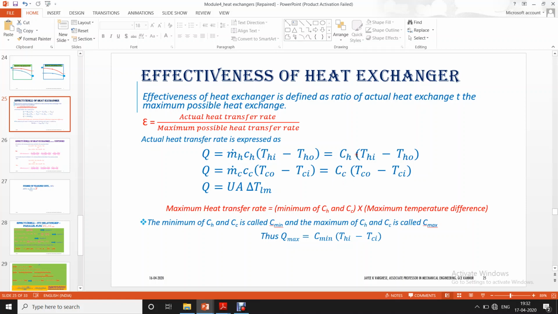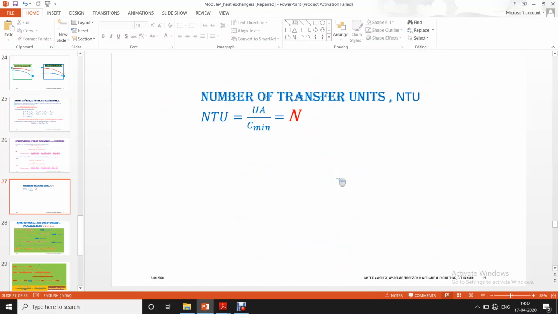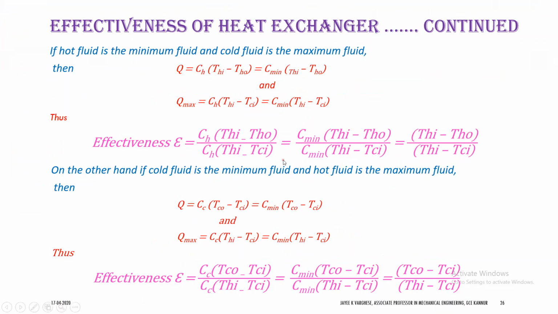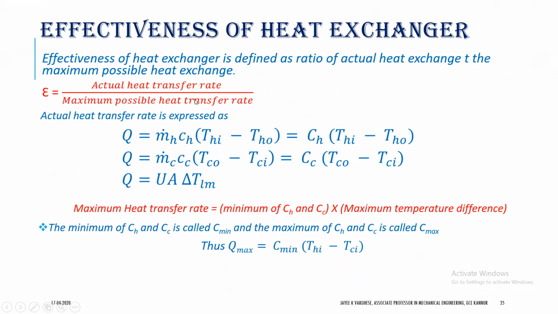So CH into THI minus THO should be equal to CC into TCO minus TCI. Now compare the values of the heat capacity rates CH and CC.